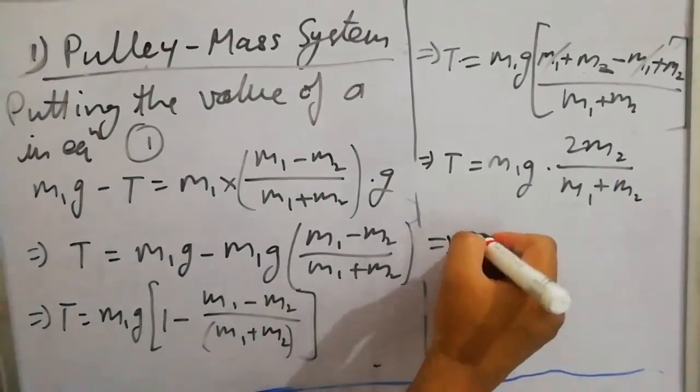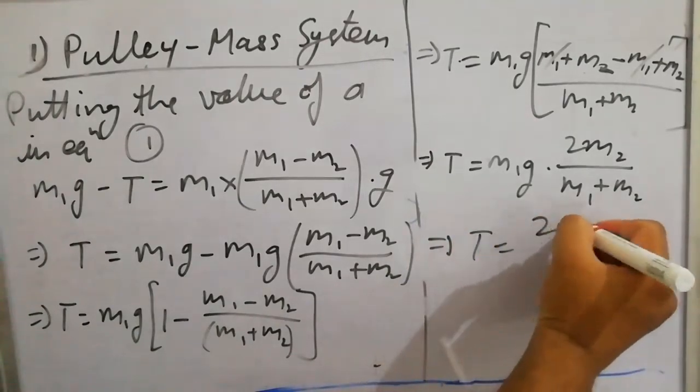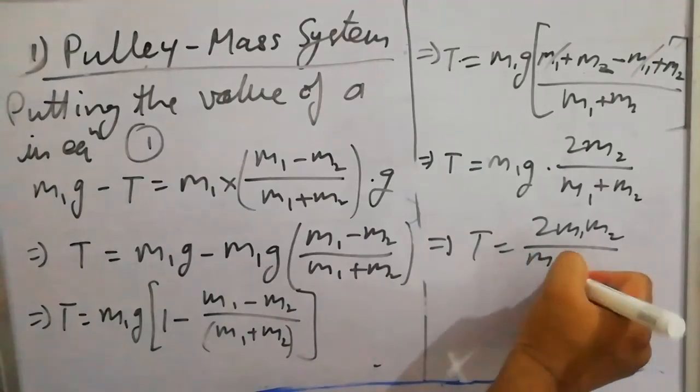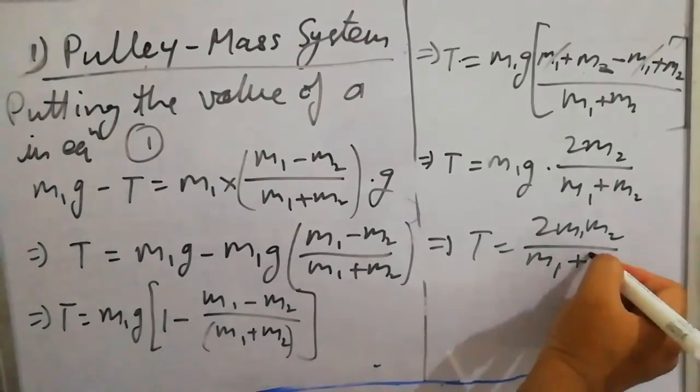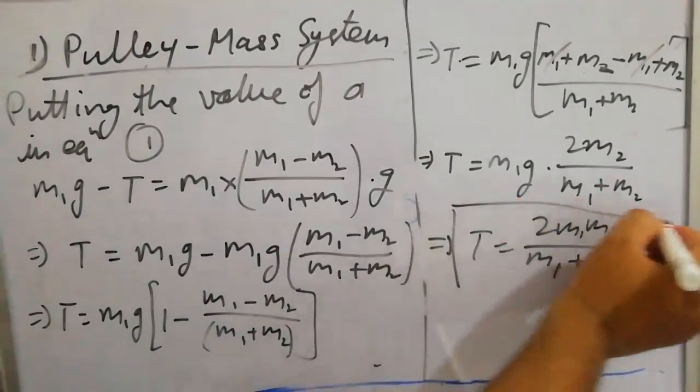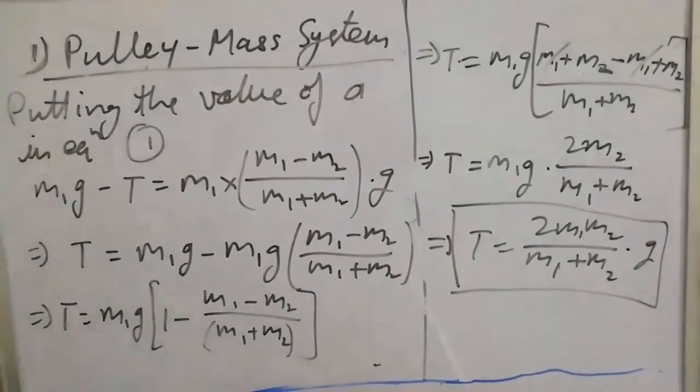Or simply we can write T is equal to twice m1m2 upon m1 plus m2 into g. This is our net tension force. So like this we can calculate the tension in the string and the acceleration of the body. So this is our first case.